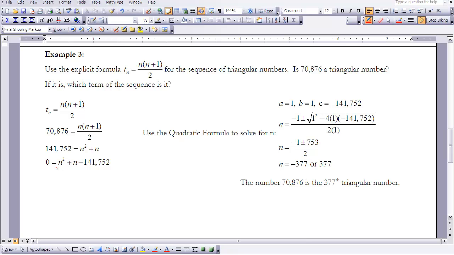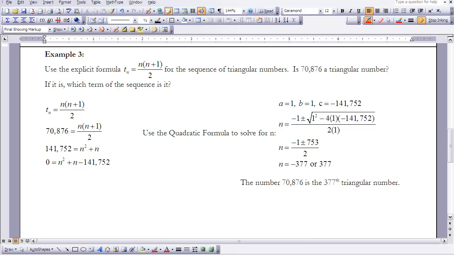My value for a is 1. My b value is 1, and my c value is negative 141,752. Go ahead and plug things in, and you can calculate that the square root of 1 squared minus 4 times 1 times negative 141,752 is 753.